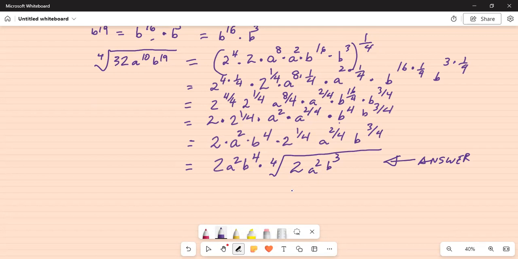So you multiply all the exponents by 1/4, because that is the power to which the expression inside the parentheses is raised. It becomes 2 to the 4 over 4, which is 2, 2 to the 1/4, a to the 8 over 4, which is a squared, a to the 2 over 4, b to the 16 over 4, which is b to the 4, and then the last term is b to the 3/4. So you separate the components with the whole powers, which is 2a squared b to the 4, and then all the powers of 1/4, which is nothing but the fourth root of 2a squared b cubed.